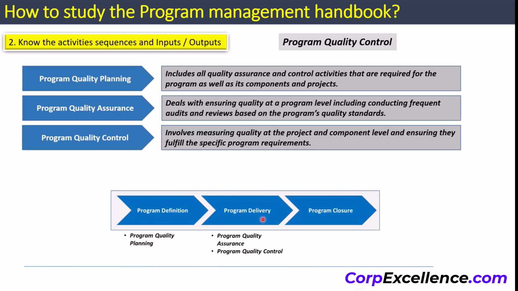So again, if you take all the activities and sub-activities listed in the handbook and try to relate where they appear specifically in the lifecycle, it can be challenging to understand unless you document it in some kind of a format like this, so it becomes easier for you to recall them later on.